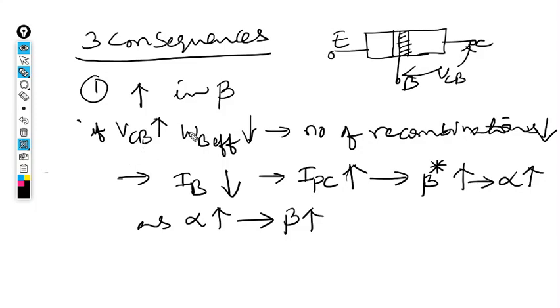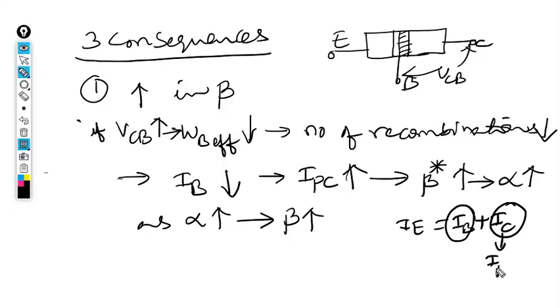Now let us see this one by one. If VCB increases, the effective base width decreases. As this decreases, the number of recombinations decreases. As the number of recombinations decreases, IB decreases. As IB decreases, actually we have the emitter current equation, IE equal to IB plus IC. IC means the current in the collector region. IC is related to IPC plus IC naught, so this is the transported current.